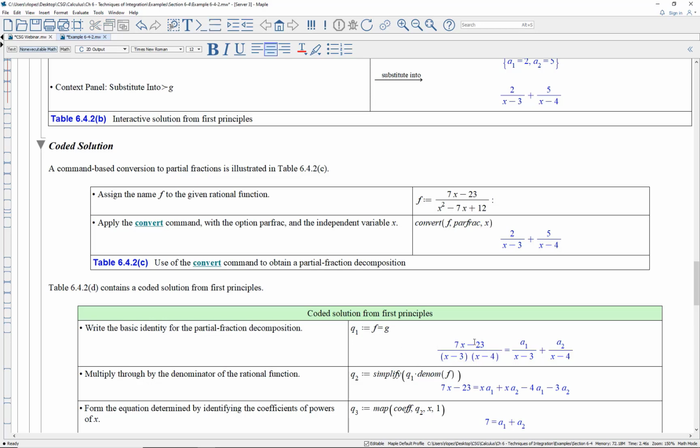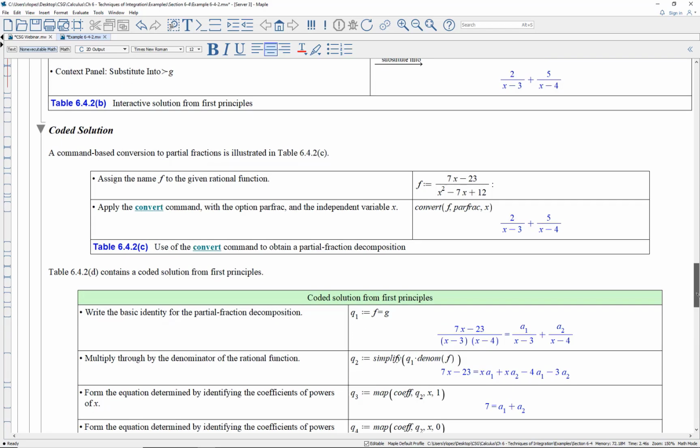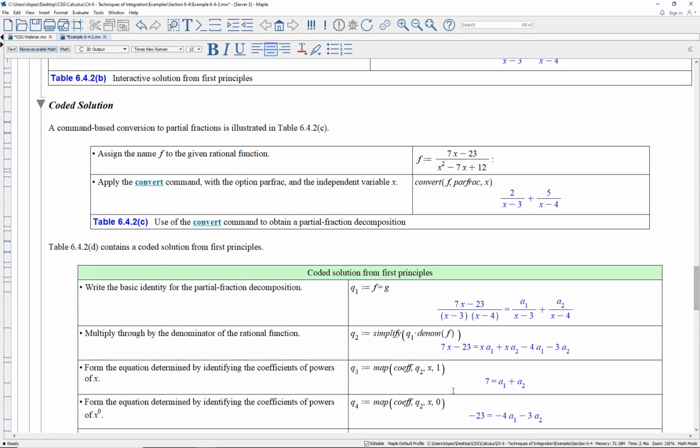You get 7x minus 23 on the left, and the simplified expression here on the right. Get the coefficients of x to the power 1, and this is x to the power 0.